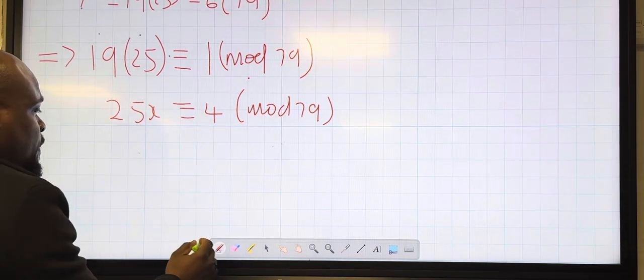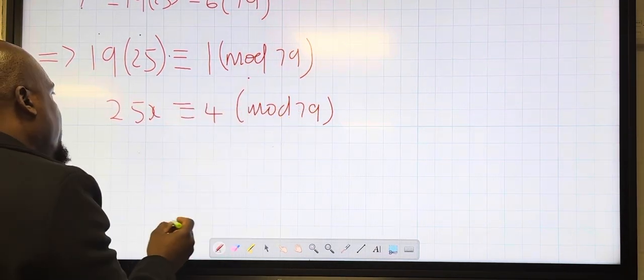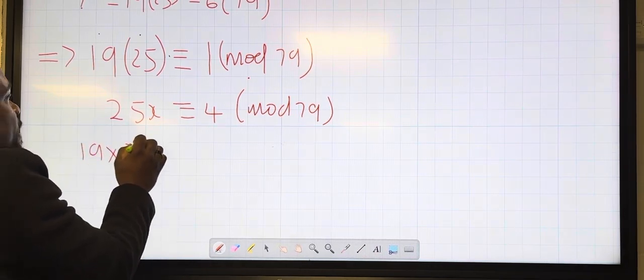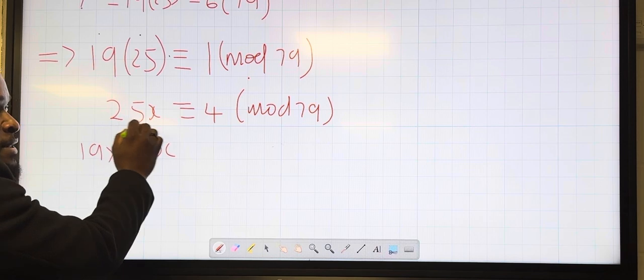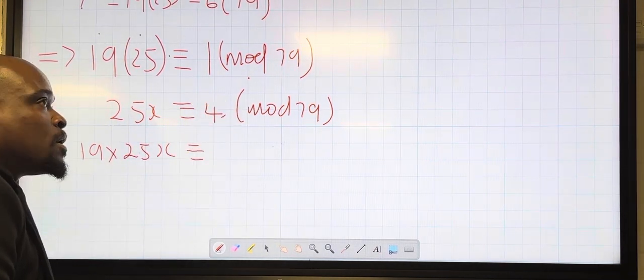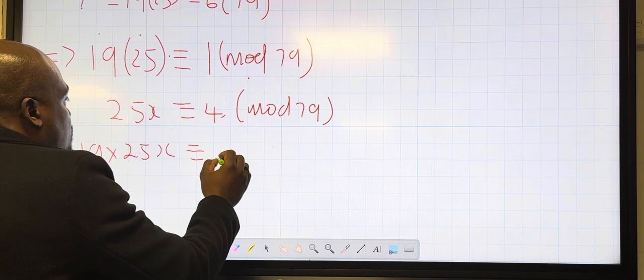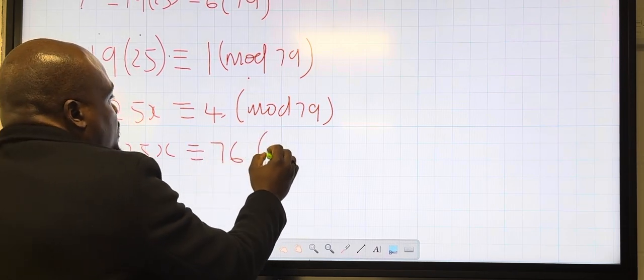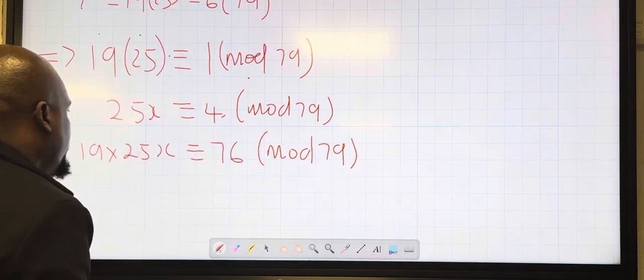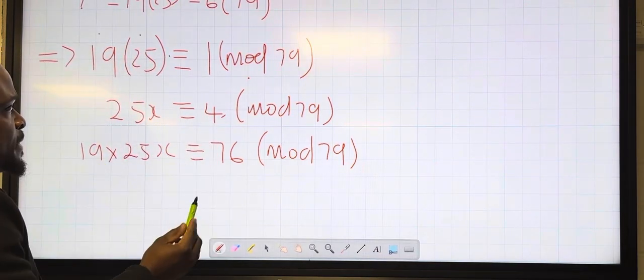So what we can do is we can actually multiply everything by 19. If I do that, I'm going to have 19 multiplying 25. I'm making x the subject of the formula, x is congruent to 19 times 4. I believe that is going to give us 76 in mod 79. Am I correct with that? 4 times 9, 36, 6.